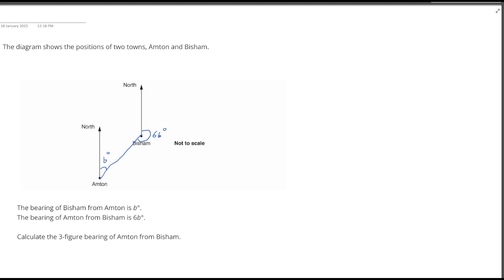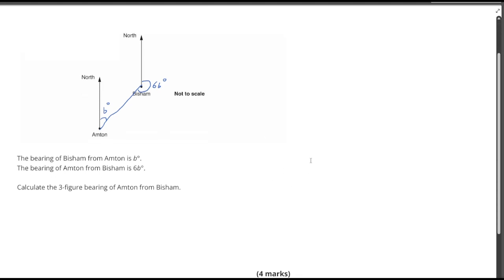That means I have to work out what is 6B. Now as we discussed, the difference between this B and 6B is going to be 180 degrees. We can start from there or we can start from scratch. That means we will figure out what this angle is.